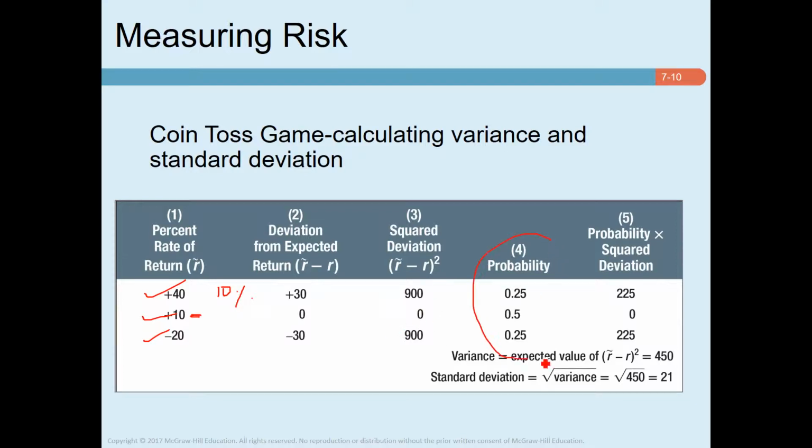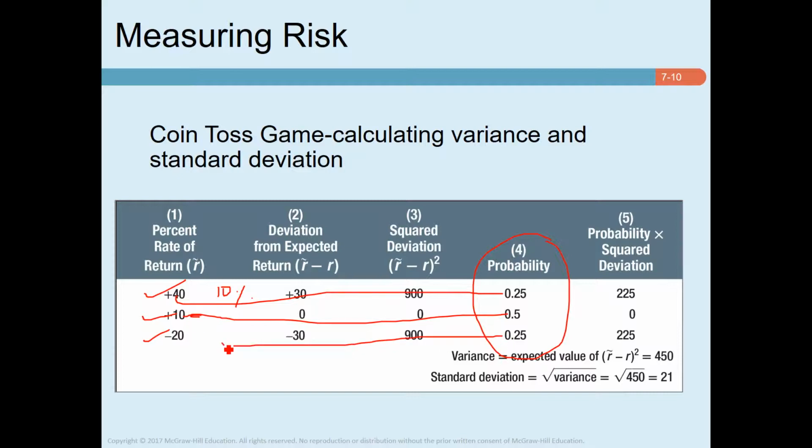Now, this is the probability that each return occurs. There is a 25% possibility that the return will be 40%, a 50% possibility that the return will be 10%, and a 25% possibility that the return will be negative 20%. Now we multiply this probability with the squared deviation.